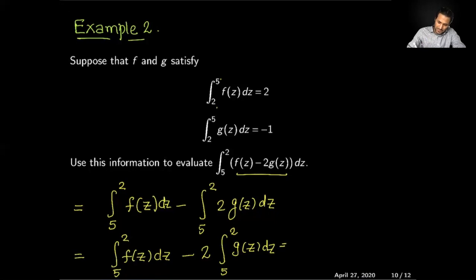Because the limits of integration go from 5 to 2, it's going from right to left. If I switch the limits of integration to 2 to 5, it will give me a negative sign in front. Here there is a negative, so this will become positive. So it's the net change from 2 to 5.